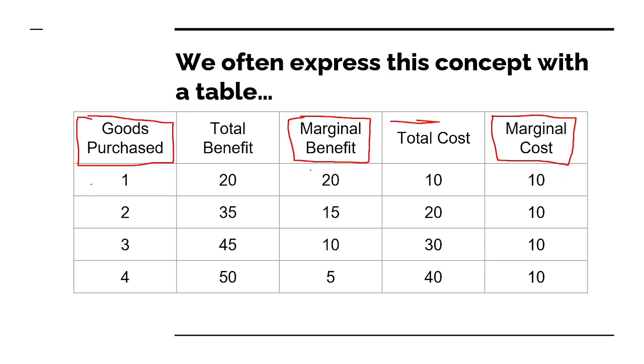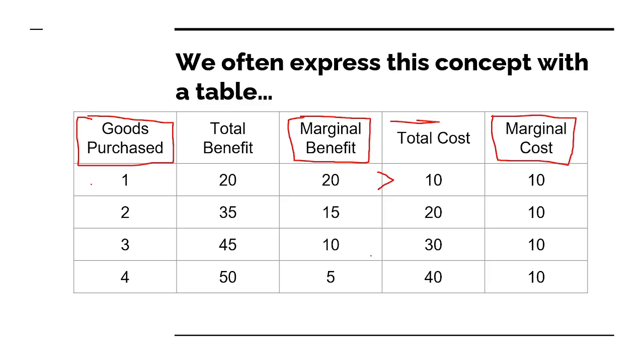Sometimes you hear these called utils, right? That's a unit of utility, but we don't necessarily need to know that. But we get 20 utils of marginal benefit for that first slice of pizza, and we get 10 utils of cost. So that first slice of pizza is more enjoyable than it is costly, right? I'll put a little greater than here, right? You know that from math class for many years. That 20 is greater than 10. We're good on that first slice of pizza.